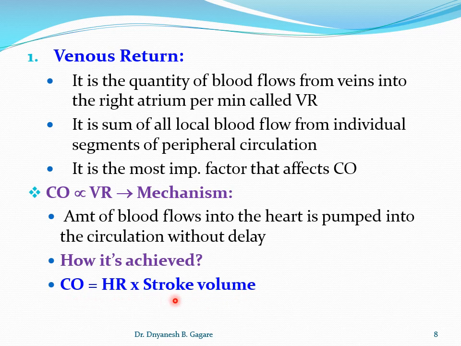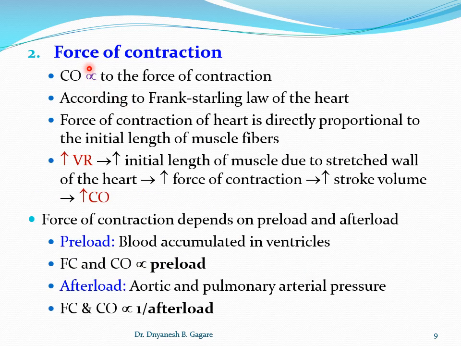It is heart rate times stroke volume. And how the heart pumps whatever blood is collected into the circulation, what are the physiological processes, we'll go there. Now see the second factor, that is the force of contraction.